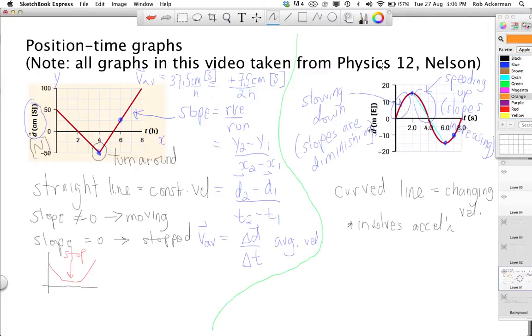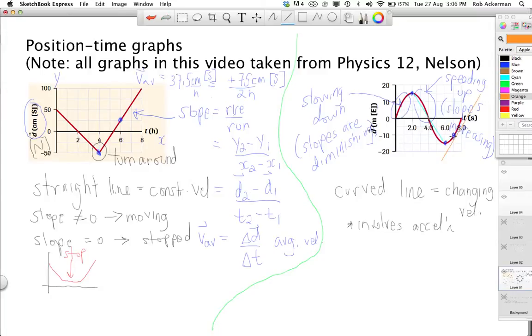Well, if you remember from grade 11, you got to draw a tangent line. It's not going to be easy for me to draw a tangent line here, but I'll do my best. How's that? That's decent, but I could do better. Let me try again. Okay, there's a not terrible tangent line.